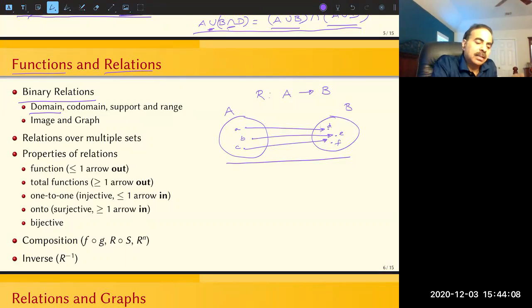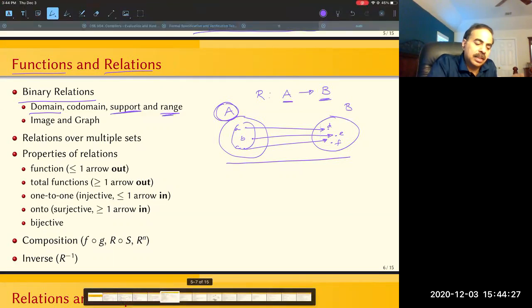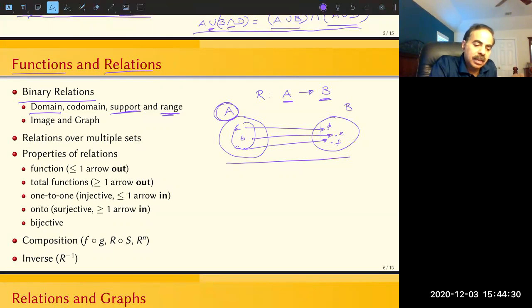And the domain is the set A, right? So this is called the domain. This is called the codomain. And support is the set of all points here that have an outgoing arrow. The range is the set of all points in B that have an incoming arrow, and so on.